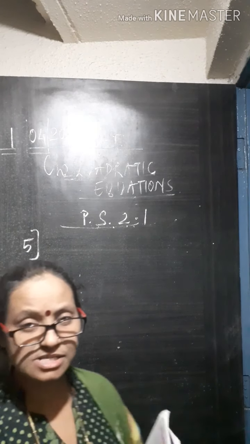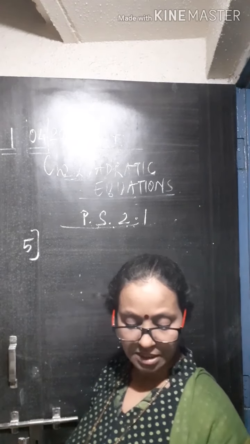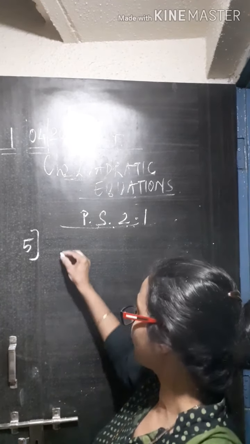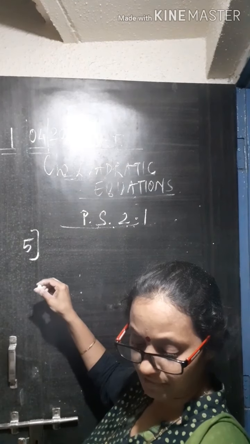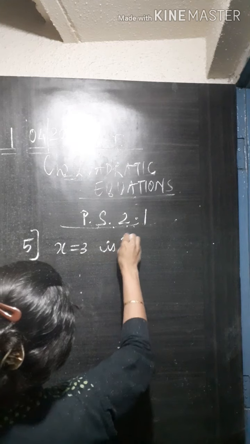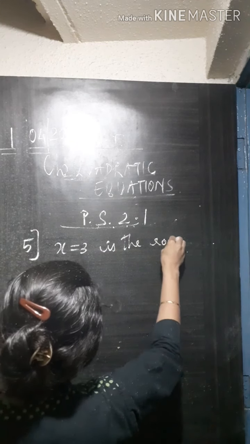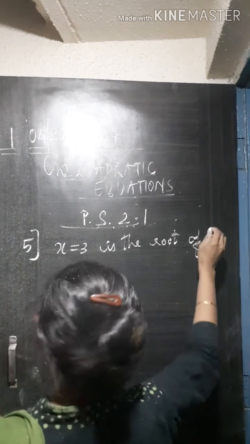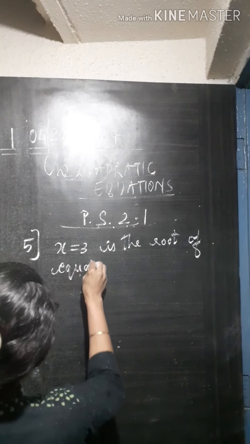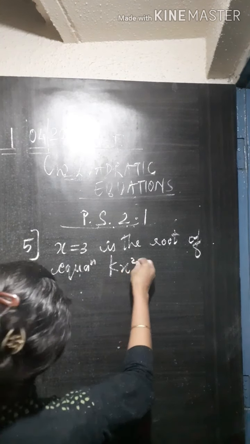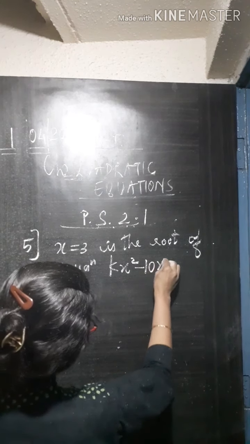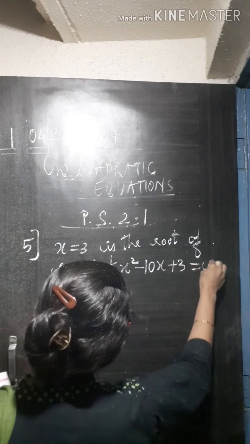Question number 5 says find k, right? If x is equal to 3 is the root of the equation kx square minus 10x plus 3 equal to 0. So what do I say? What is given here? X is equal to 3 is the root of the equation kx square minus 10x plus 3 equal to 0.